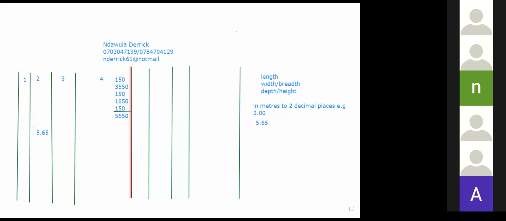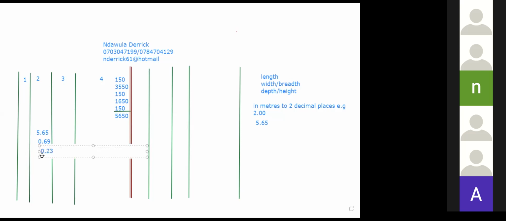Now, if I had the width, I would enter my width as, say, 0.69. That's my width. Now I enter my depth.